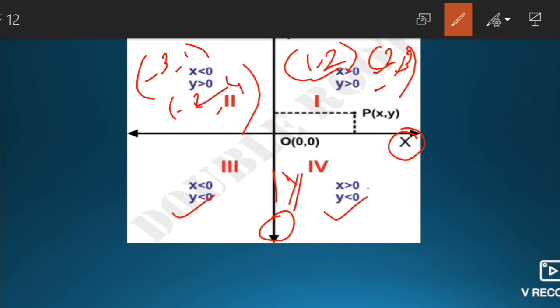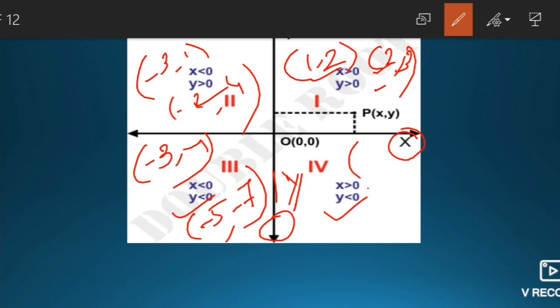In the third quadrant, the values of x and y are both negative, such as (-3, -1) or (-5, -7). In the fourth quadrant, the value of x is positive but the value of y is negative, such as (3, -1) or (2, -5).